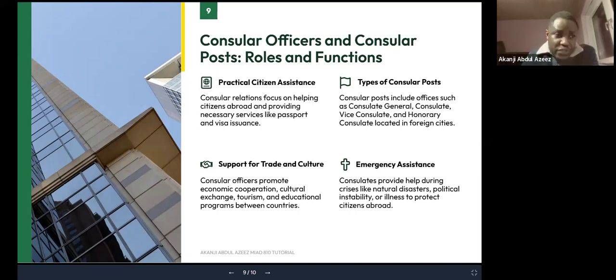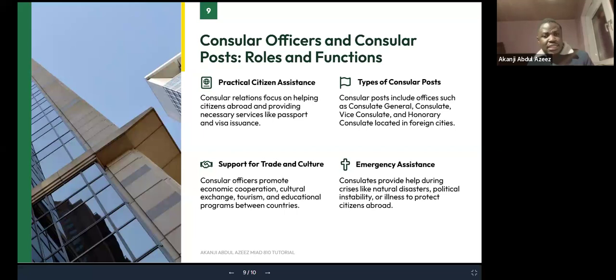So, functions of consular officers. If you are working in the consulate, the number one function of a consular officer is helping citizens abroad.